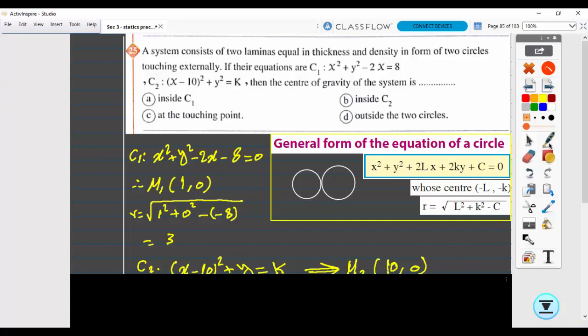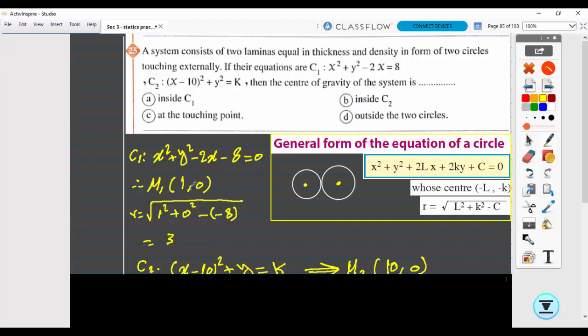Here is the center of each: the center of the first here, and here is the center of the second. We have C1 with equation x squared plus y squared minus 2x equals 8. So its center is (1, 0).